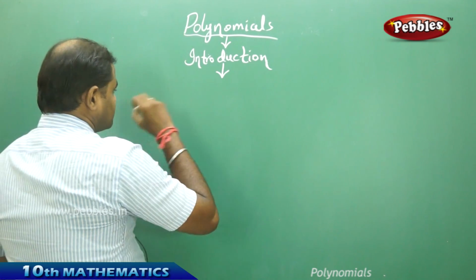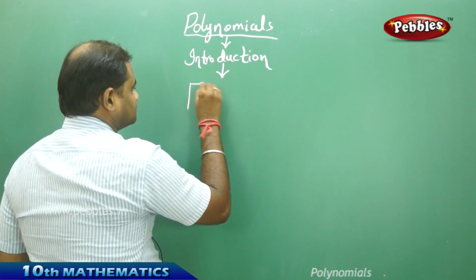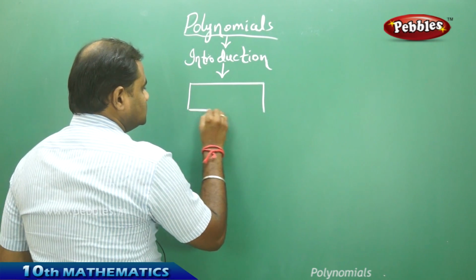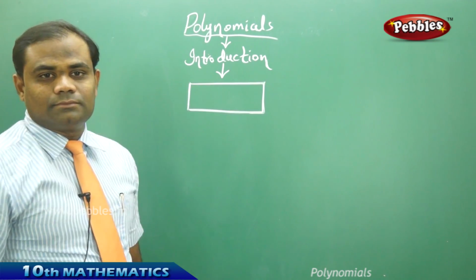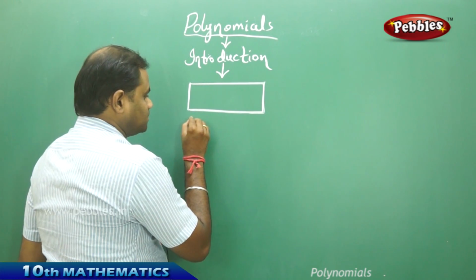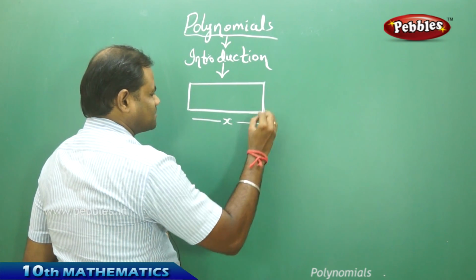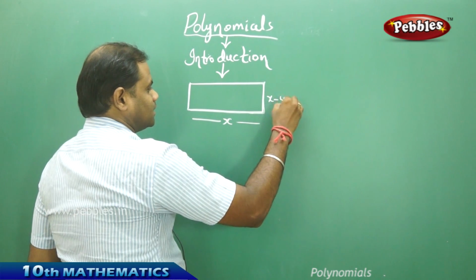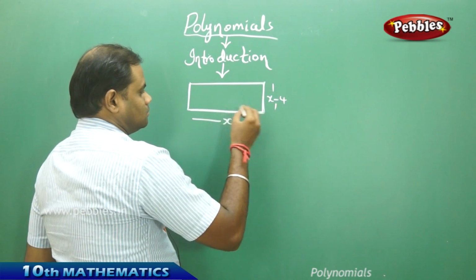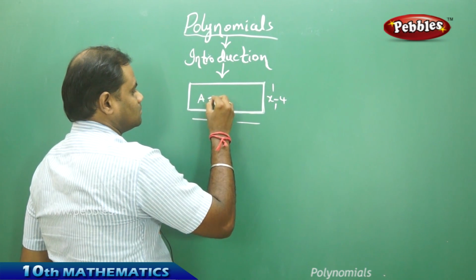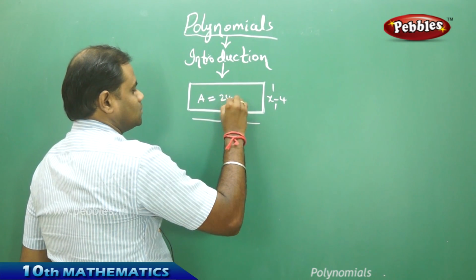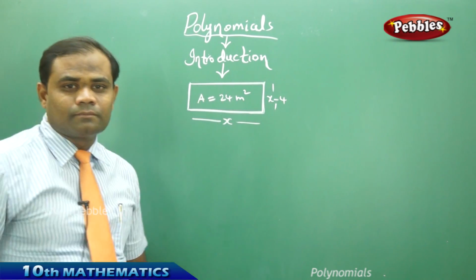Say, for example, I have a rectangle with dimensions, length being x and the width being x minus 4, and the area is 24 meters squared.